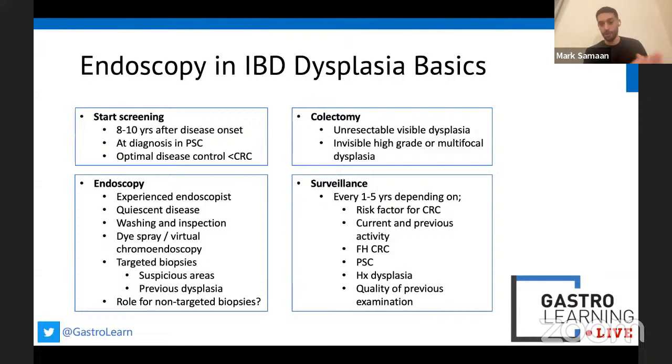I don't take non-targeted biopsies for dysplasia surveillance. I do take biopsies because I want to know what histological disease activity there is, and that helps me in a number of ways. Not that histological disease activity is necessarily the target, but it sometimes helps you guide treatment decisions. But I don't take them for dysplasia surveillance. I think those days are, in my practice anyway, completely gone, and I think most people would agree with that.